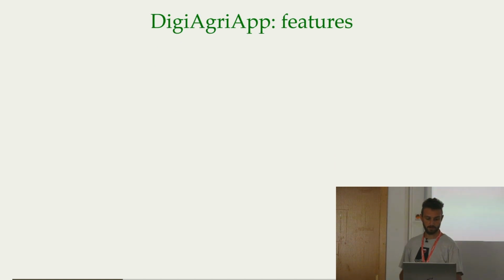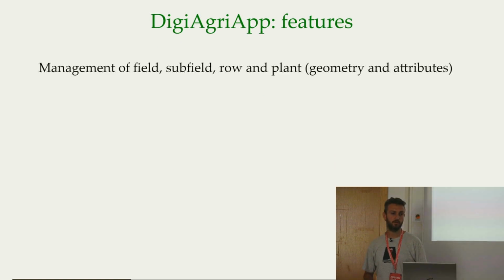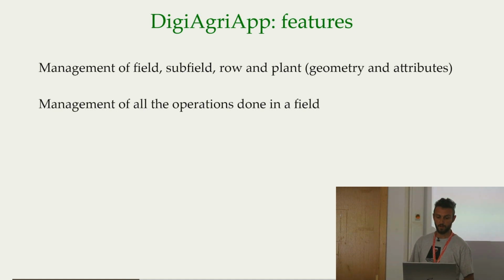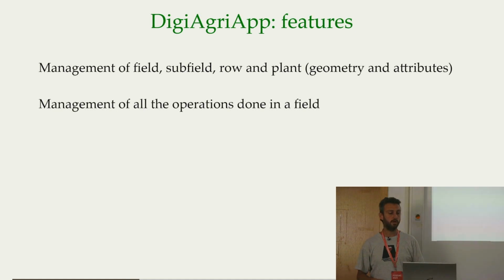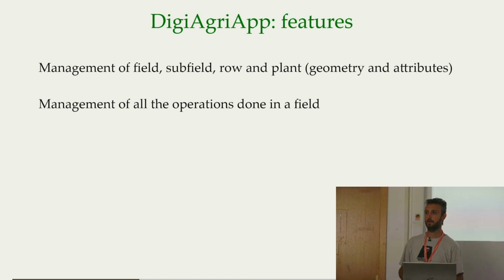The features right now are the management of the field, subfield, row, and the single plant. So you can save the geometry and the attributes about that. The management of all the operations done in the field, so pruning, grass cutting, and stuff like that.